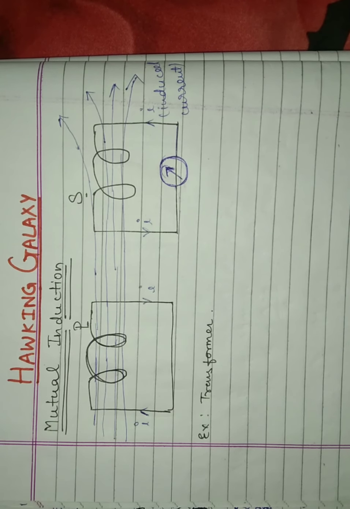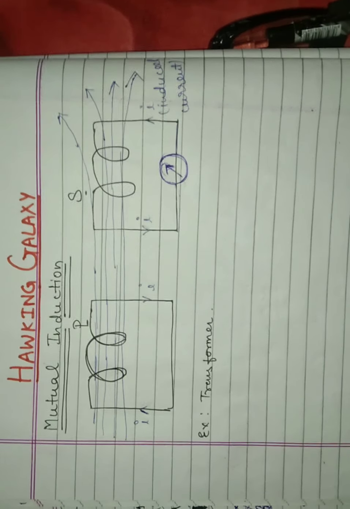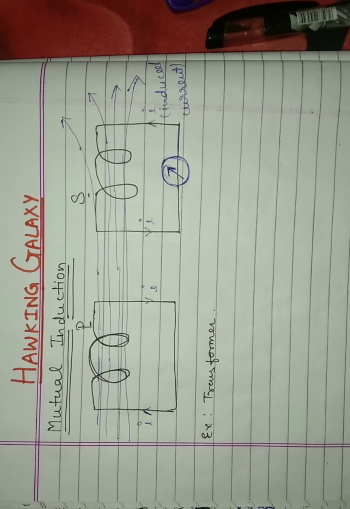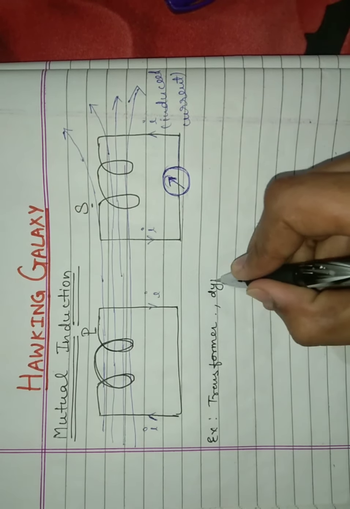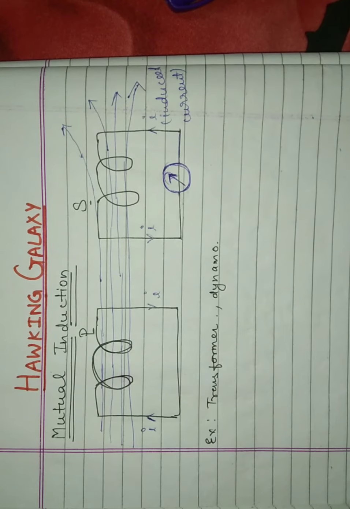No, you should know that a fan does not work on mutual induction. And an electric motor also does not work on mutual induction. These are the two. But a dynamo works on the process of mutual induction.